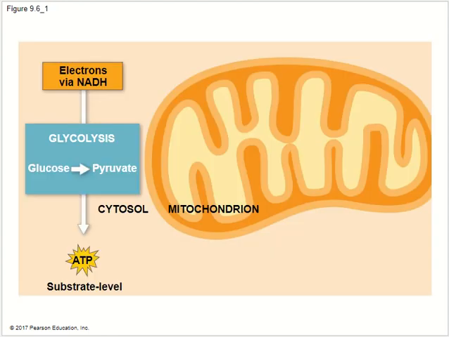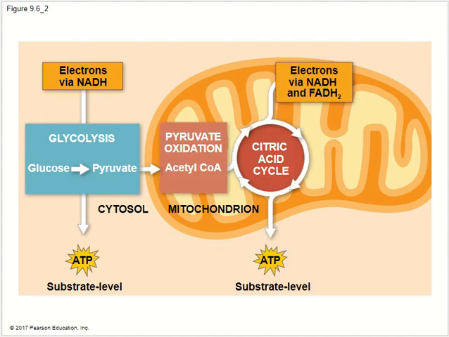All right. Initially, glucose gets broken down to pyruvate as electrons are provided from the reduced nicotinamide. And then some ATP is produced during this short process, but not much.